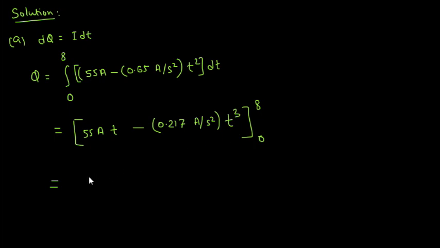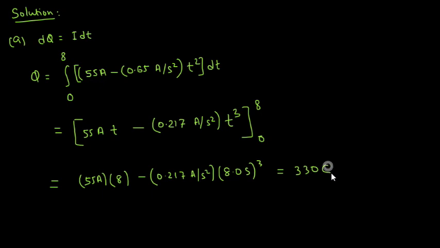In that way we solve it, and now we can write Q as 55 A multiplied by 8 minus 0.217 A per s square, 8 cube, which is equal to 330 coulomb.